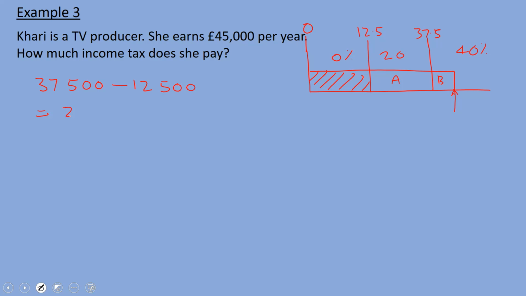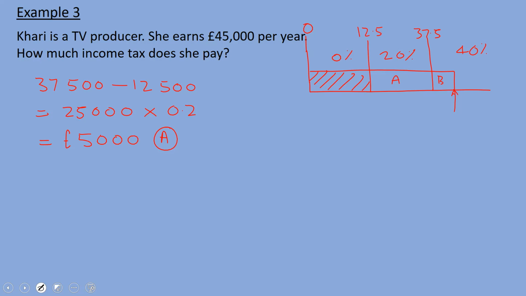Gives us £25,000. So again, it's our 20% tax rate. We've got the percent sign there, look. We're going to multiply that by 0.2, our decimal multiplier. And that is going to give us £5,000. So that is section A.